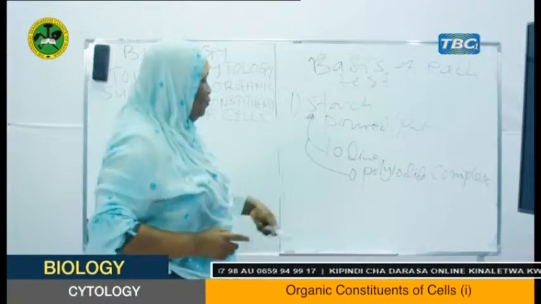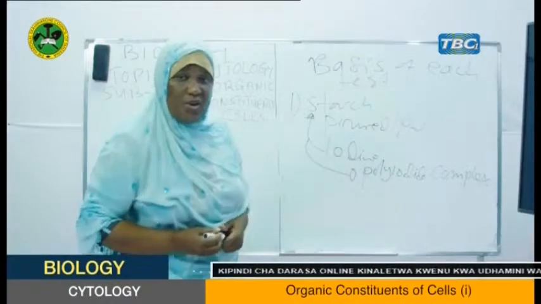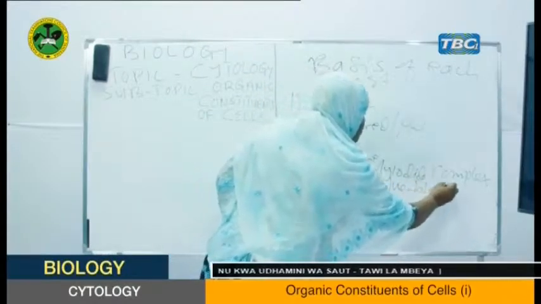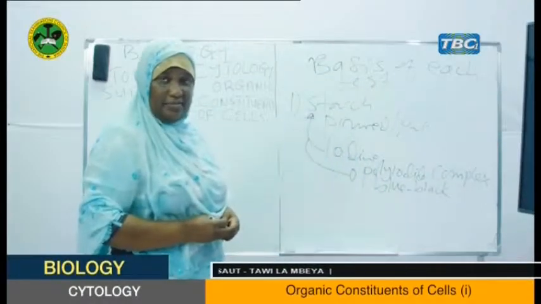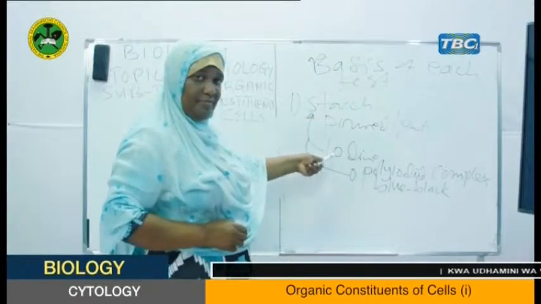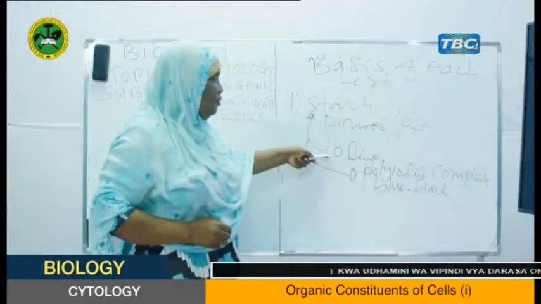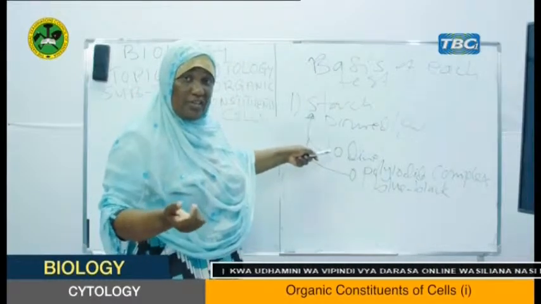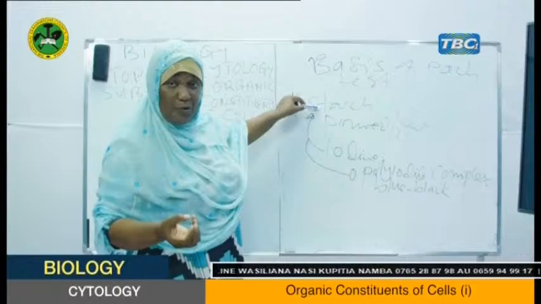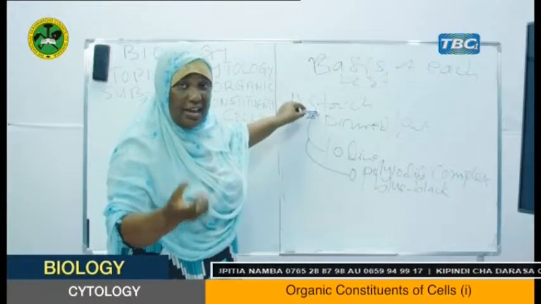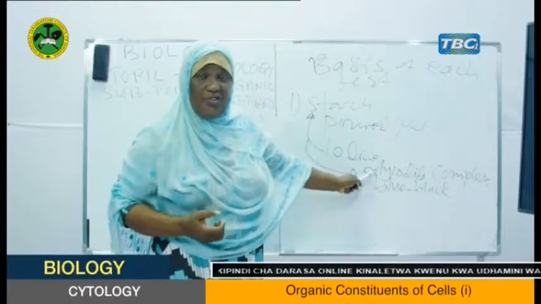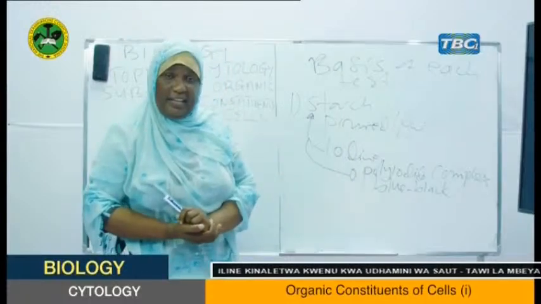Therefore, we expect to get the polyiodide complex, which is blue-black in color. That is the basis for starch. Iodine, which is found in iodine solution, reacts with the starch, which is found in your sample solution. The result of that reaction is the formation of polyiodide complex, which is blue-black in color. Clear?